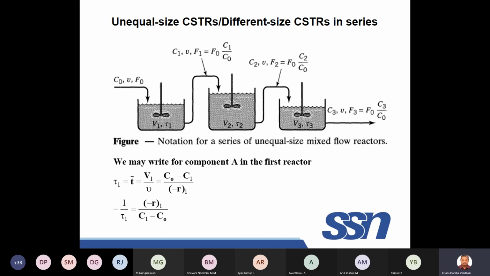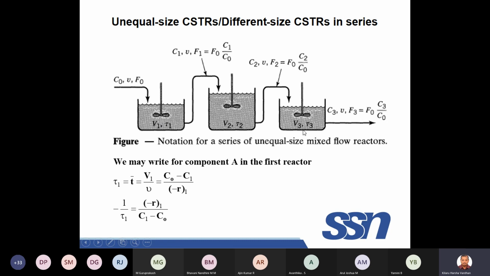If there are not equal size reactors, then how can you compare? Again, one important thing is that if there are unequal size reactors, the volumes are different. The volumes are different in the sense your taus are also different. The taus are different, which means you get different reaction rates: here minus Ra1, here minus Ra2, here minus Ra3.